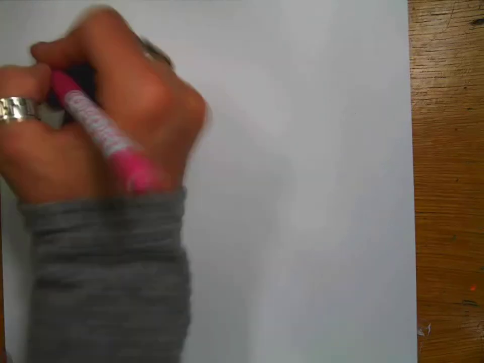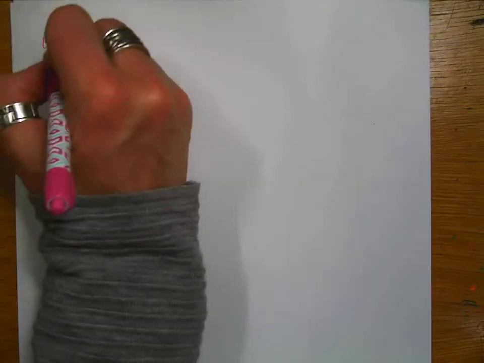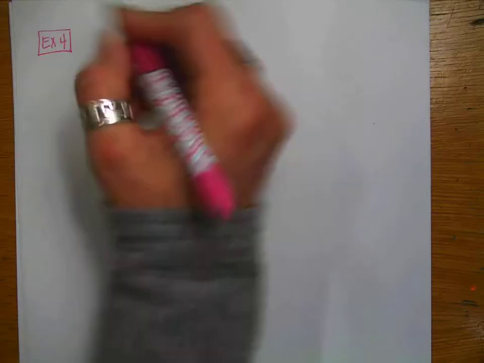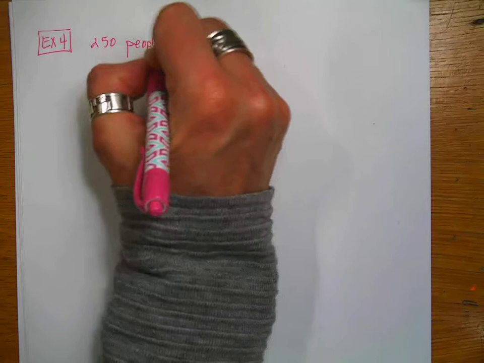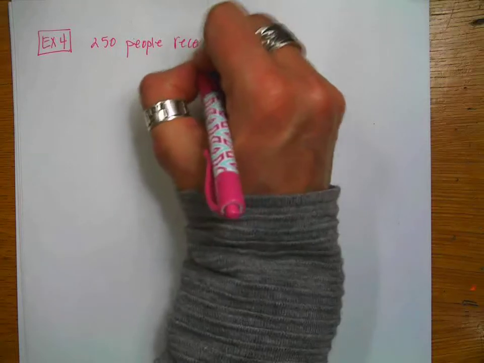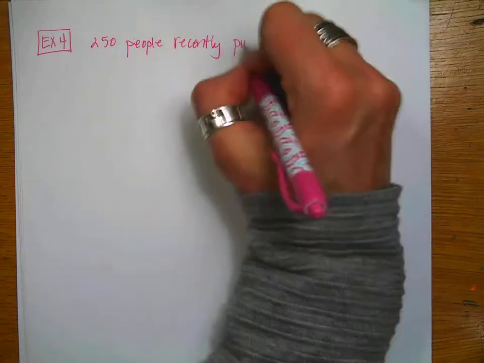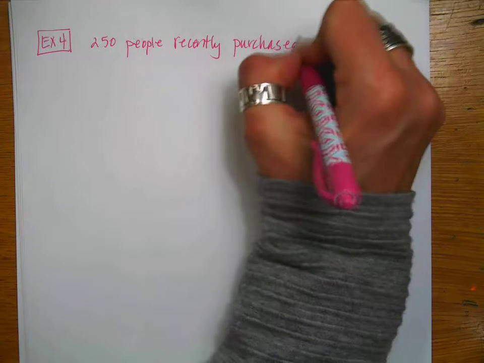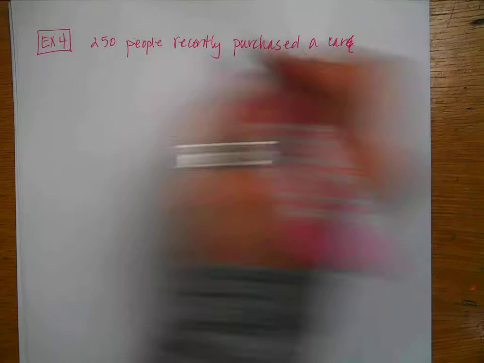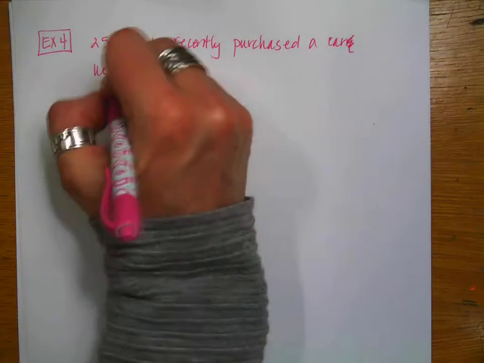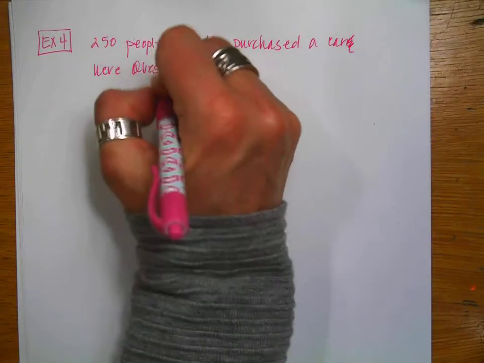Okay? All right. In our next example, we're actually going to use a table of information. So this is example number 4. And so 250 people recently purchased a car, and they were questioned.